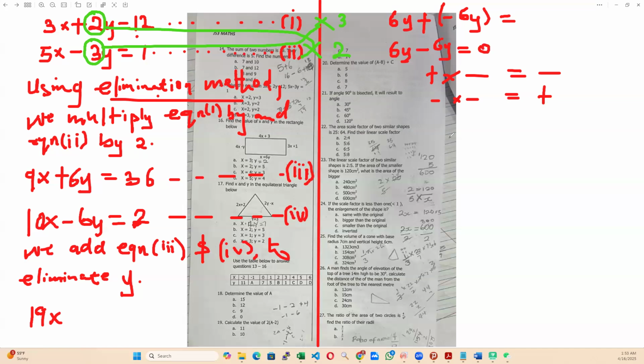Minus times minus is plus. Did you see? Plus times plus is what? Minus? Plus times plus is minus? Chizzy, plus times plus is plus. How can plus times plus bring about minus?